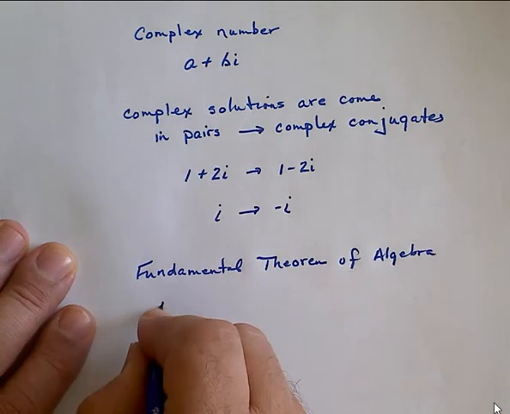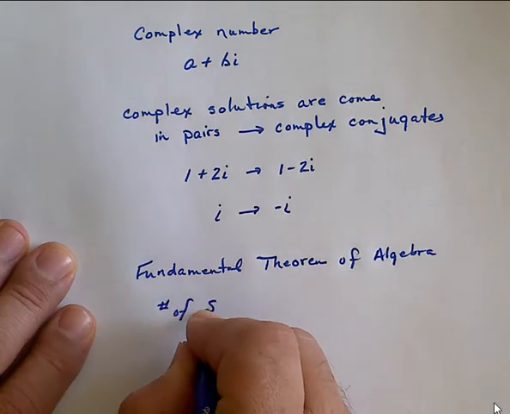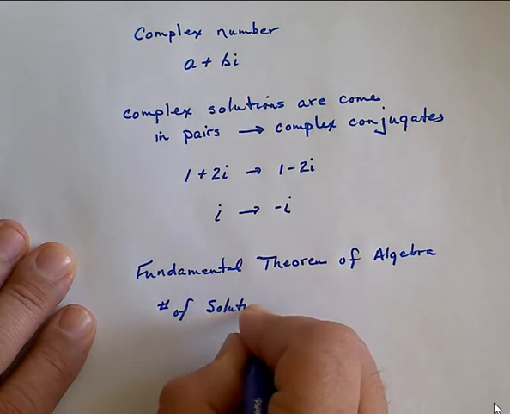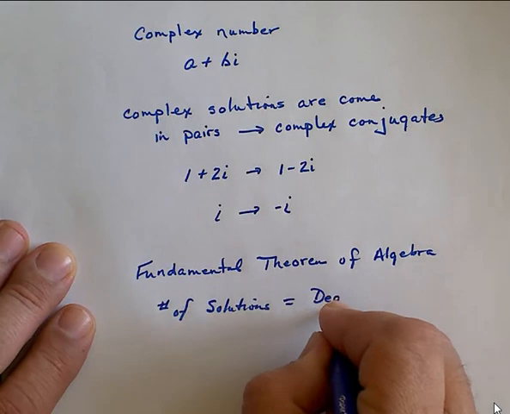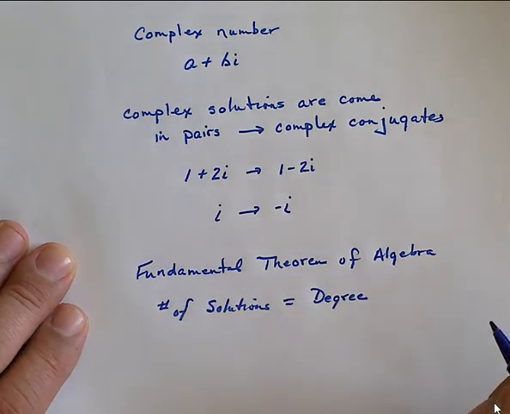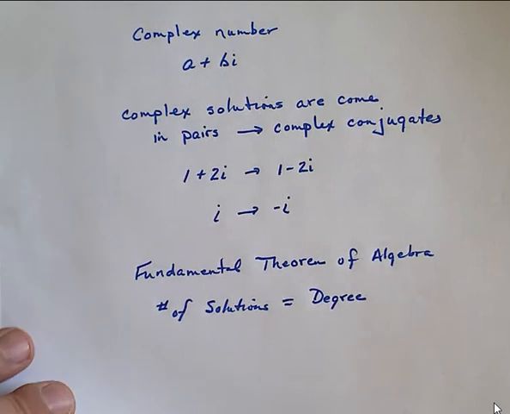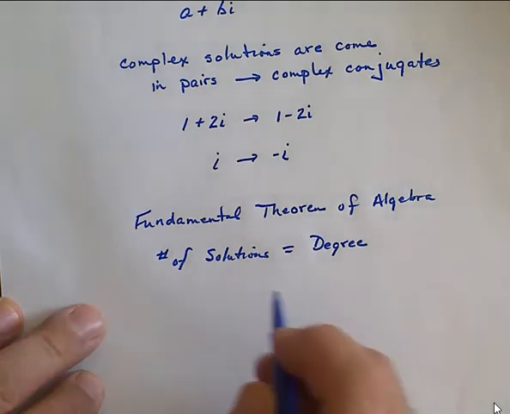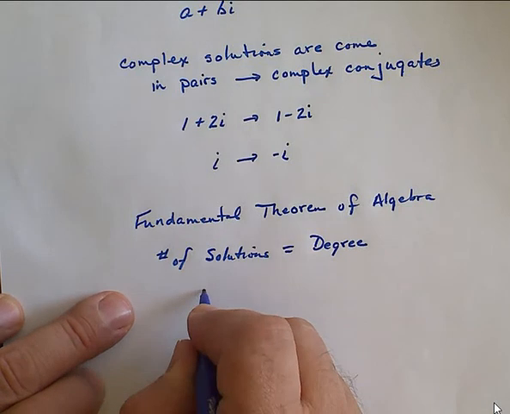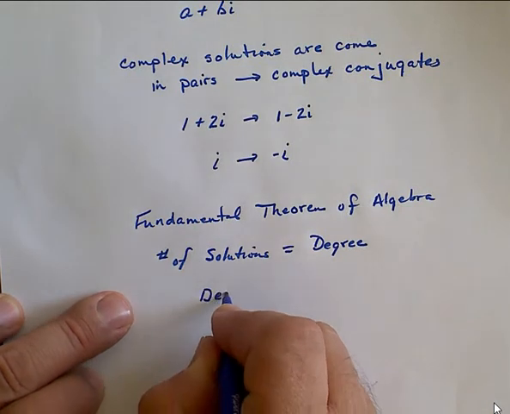Remember, those solutions might be real and might be complex, and if they're complex, we know they have to come in pairs. So let's take, for example, a polynomial of degree 5.